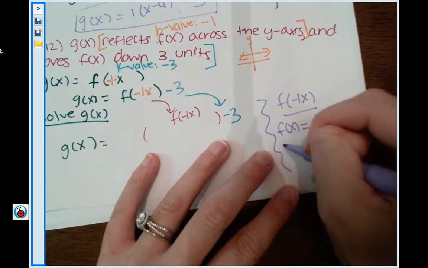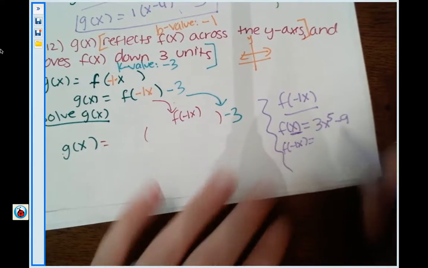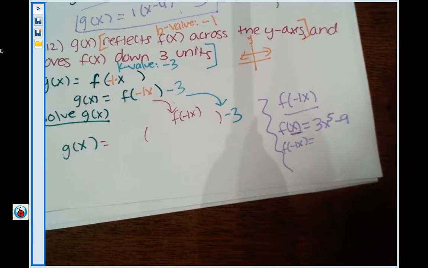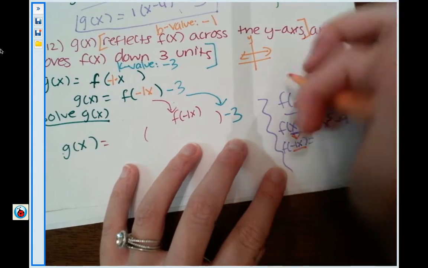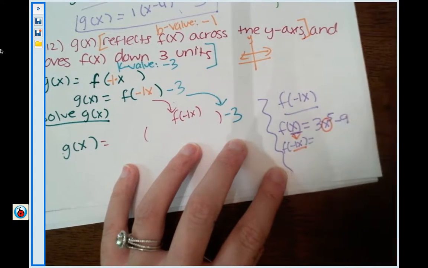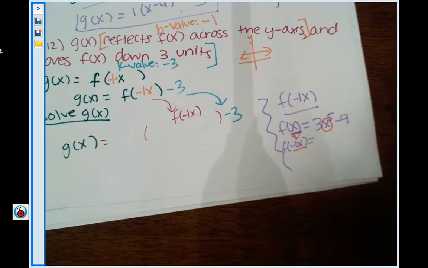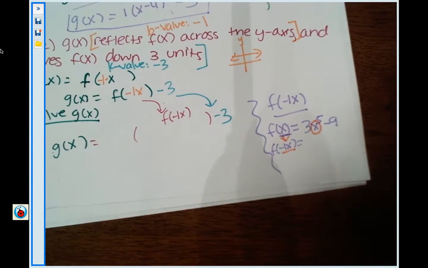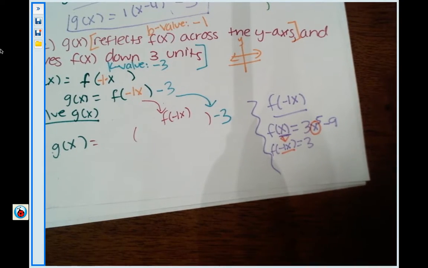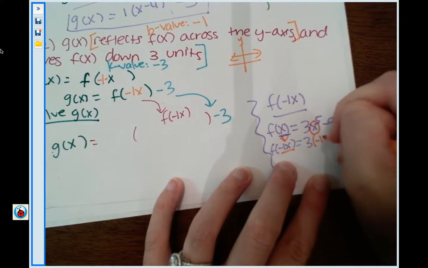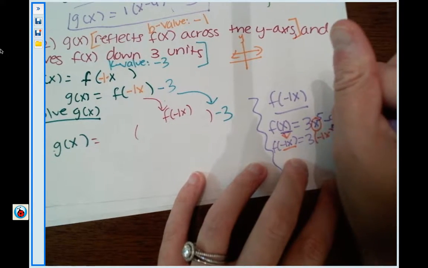But we are solving for f of negative 1x. So it was x, but if you see here, all my x's have transformed into a negative 1x, which means all my x's over here will transform into a negative 1x. So let's get going. It's going to be 3, I see an x, and my x will now become negative 1x, and then raised to the 5th minus 9.